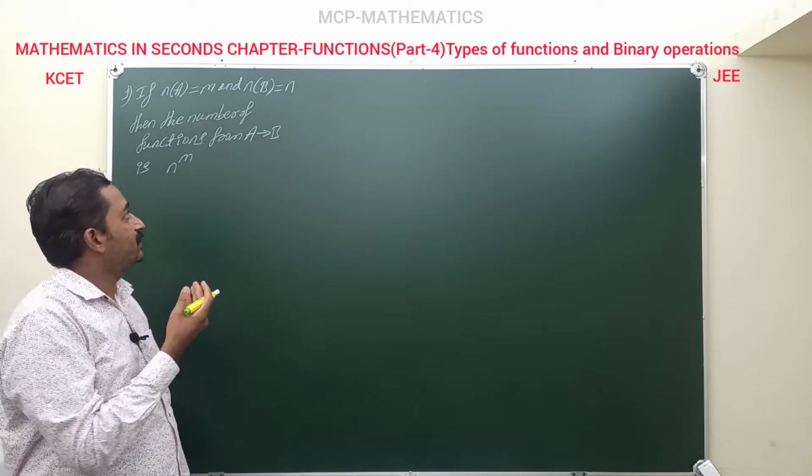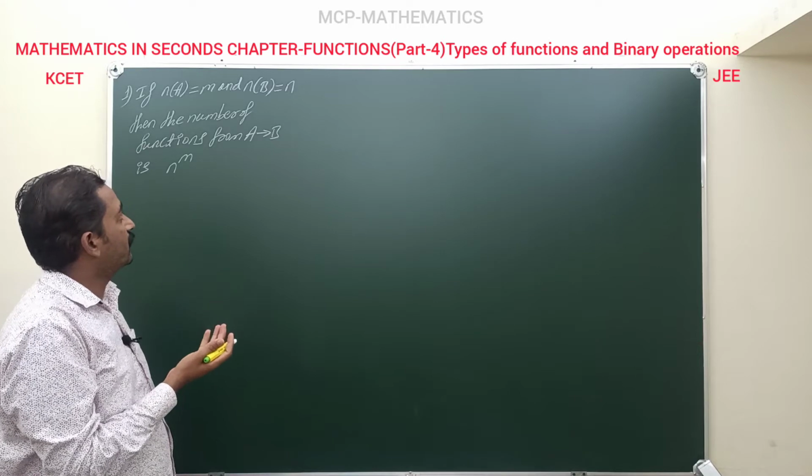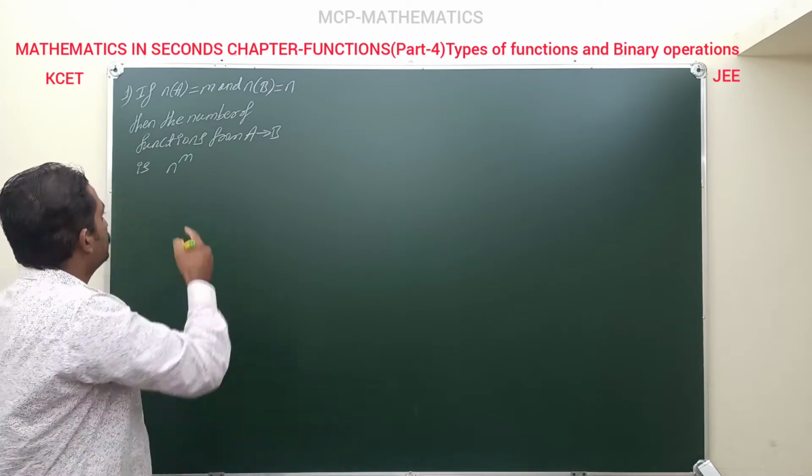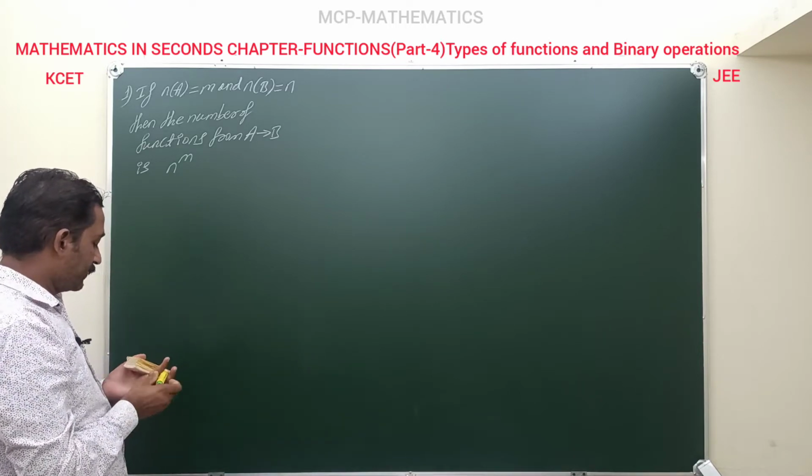What does this mean in this case? The number of elements in A is given and the number of elements in B is also given. So using this formula, let us take one example.